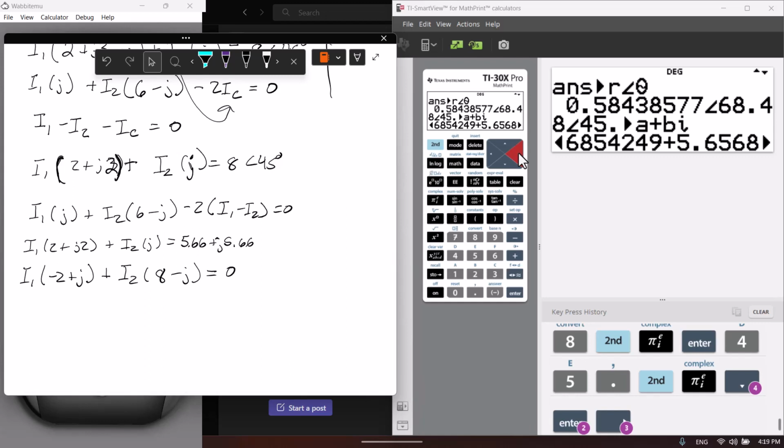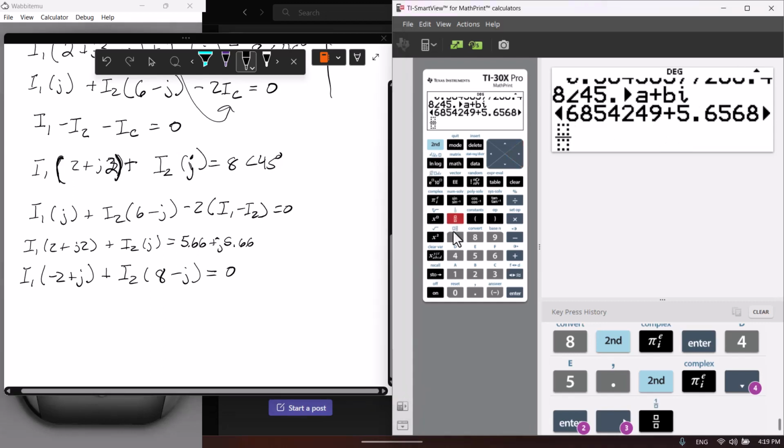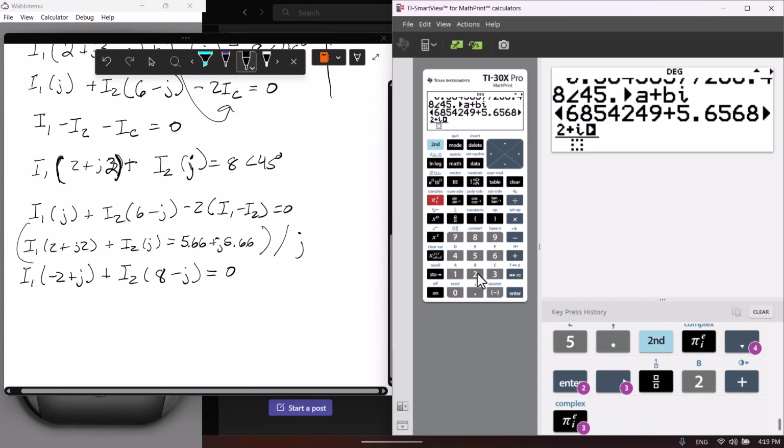So I'll solve the top one for I2. So divide everything by J. So 2 plus J2 over J is 2 minus J2. I knew that.